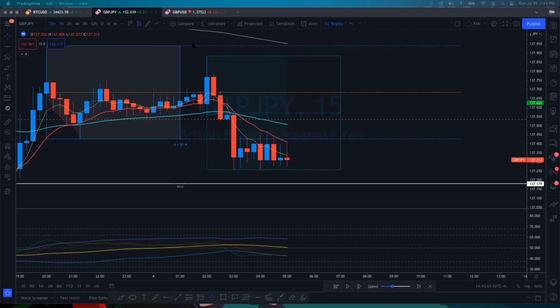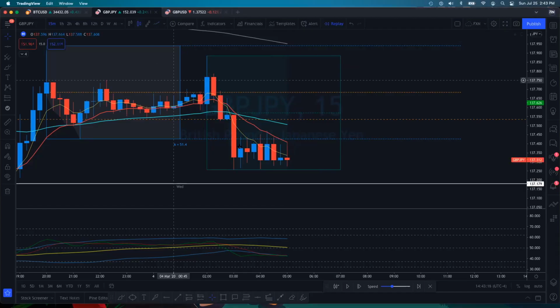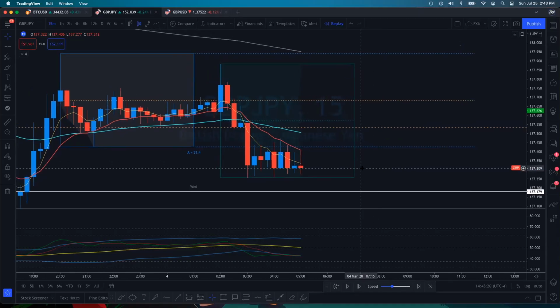Because at the end, if you switch this over to a line chart, all you're seeing is just this, this, and this, like that. So I'm looking for one of those two things.